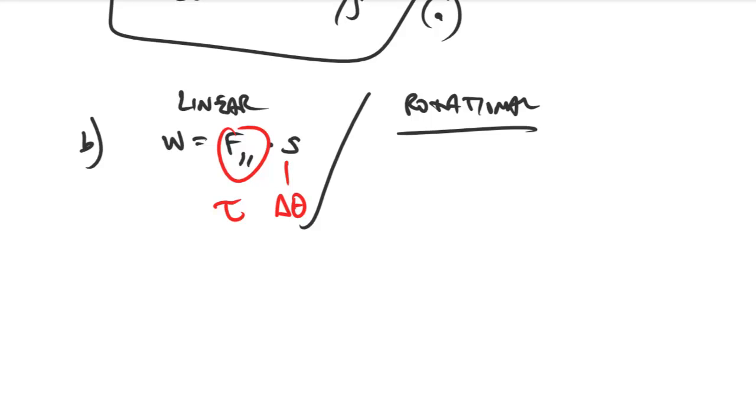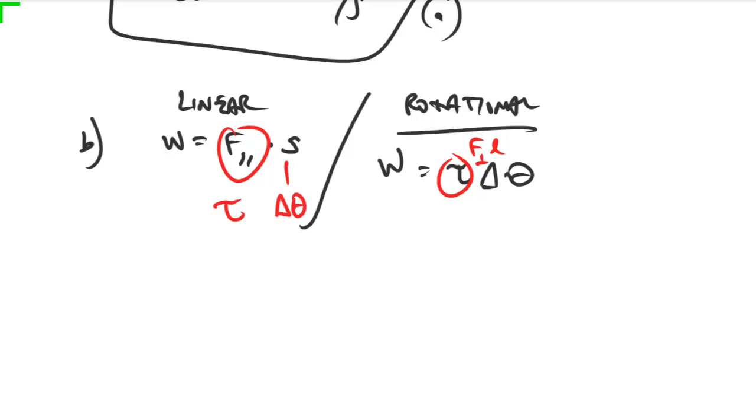And so we see here for rotational work, this is equal to tau delta theta, torque times angular displacement. And this torque, of course, is perpendicular force times the moment arm, right?